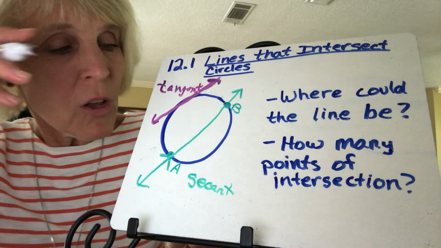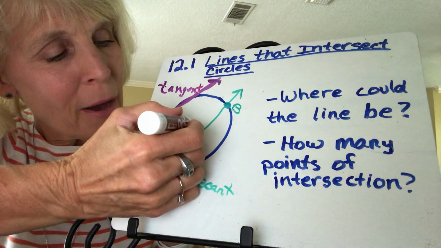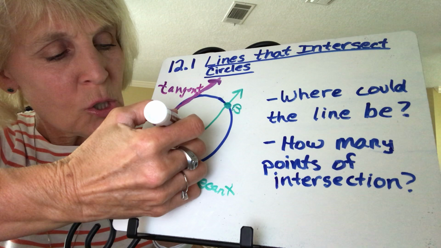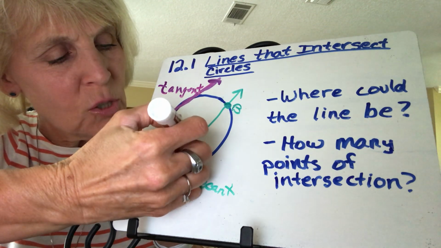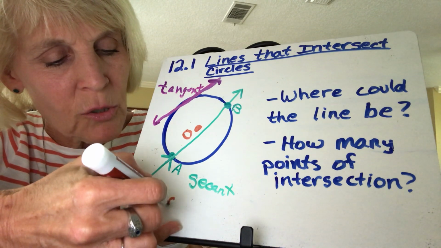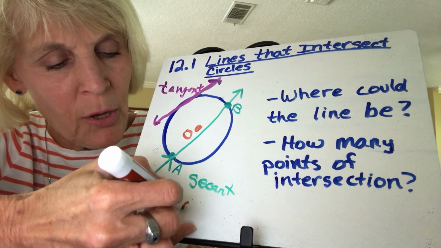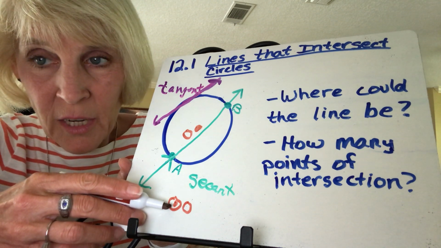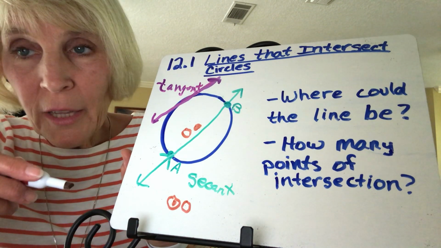And remember, we already had a lot of vocab about circles. So reminder, your center of the circle is not part of the circle. So if I want to look at this as circle O, I can certainly name it circle O. And that would be my symbol for circle O, is just a circle with a dot in it, and then followed by the capital letter.